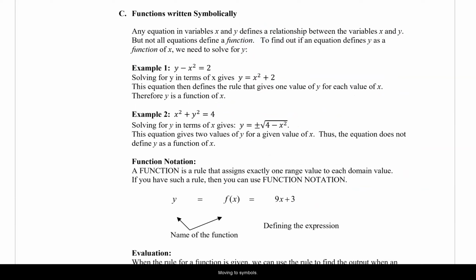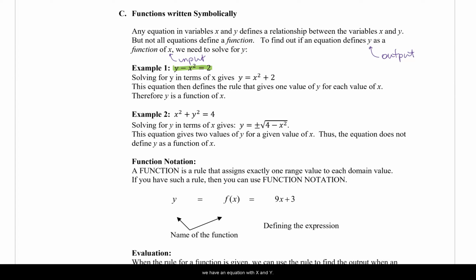Moving to symbols, we can define a relationship between these variables x and y. We've been using them for the graph. Let's go ahead and use them for our symbols. To find out if an equation defines y as a function of x, remember y is the output and x is the input. So we want to be able to put in a number for x and get out a number for y. In the first example, you see y minus x squared equals 2.